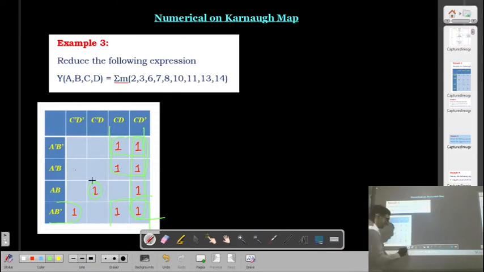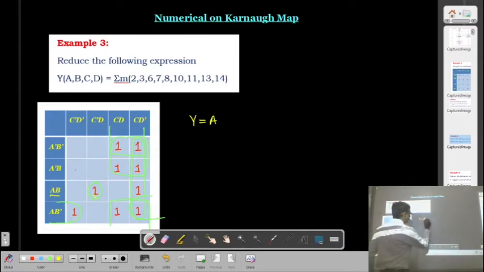So here if you write the expression, then Y will be equal to, first of all, the expression for this single one: it is A B C' D. So A B C' D. Then we will write the expression for the pair.